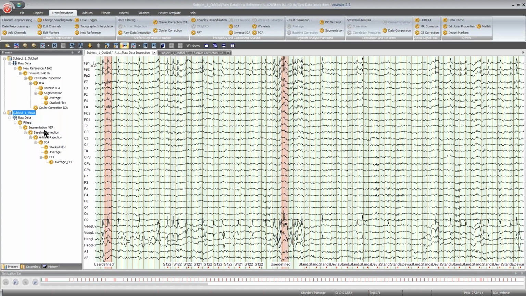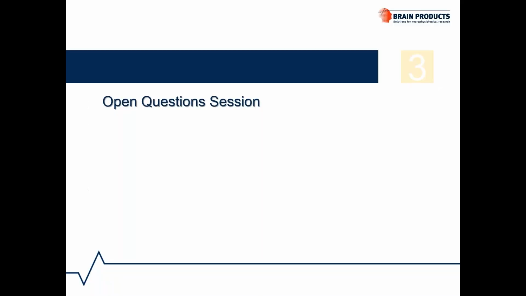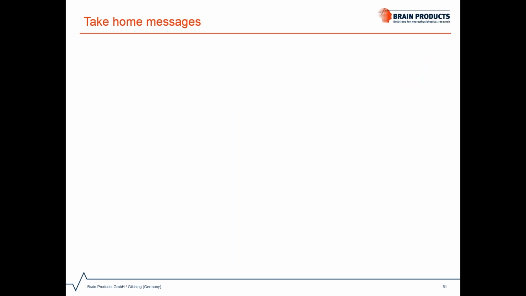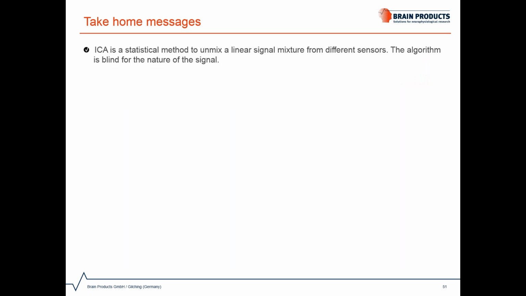Okay, so that's it for the questions, and I would just go back to the slides to wrap up this session. And I have some concluding remarks or some take-home messages for you. So ICA is a statistical method to decompose a signal mixture into its constituent source signals.